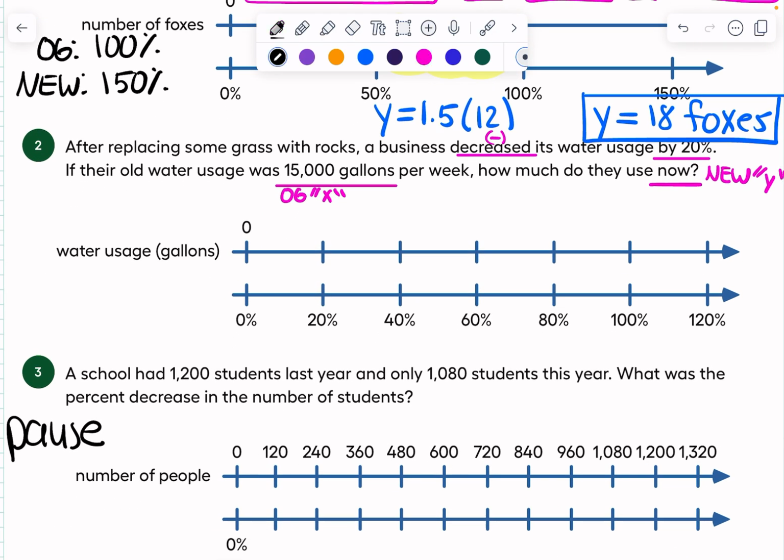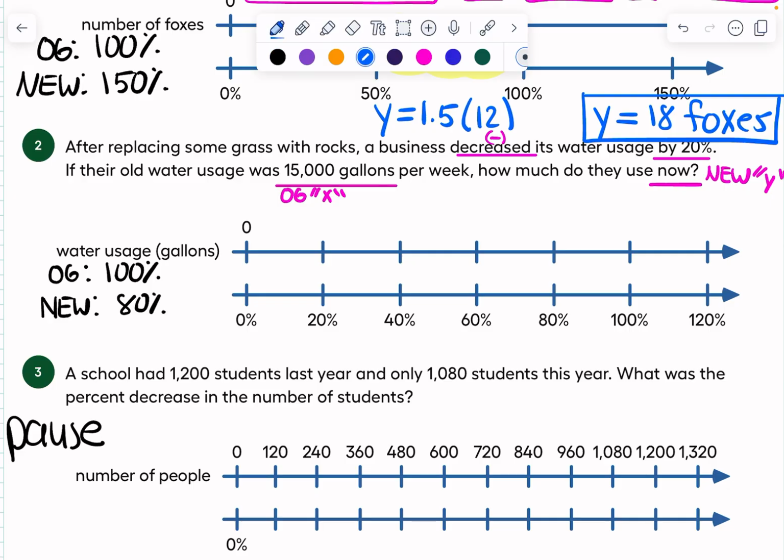Okay, let's talk percentages. The OG percent is always 100%, and the new is, well, it said it was a decrease by 20, so we would subtract 20%. 100% minus 20% would be 80%.